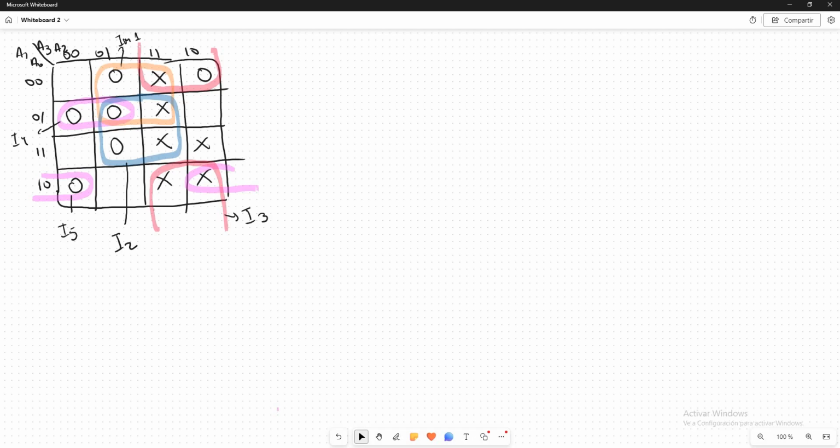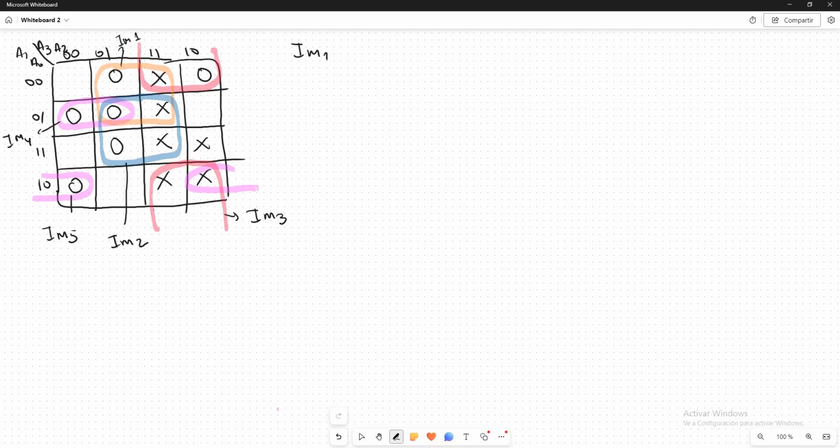And now we solve the circuit. 1, 2, 3, 4, 5. So now we assigned some terms to those allowed group of zeros.